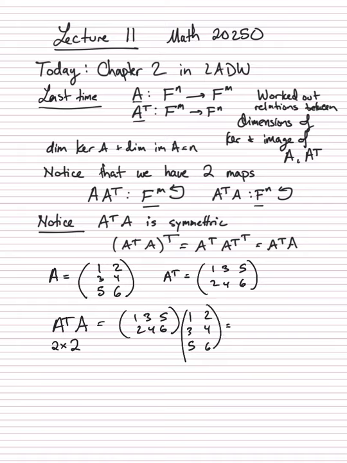So I get 1 plus 9 plus 25, which is 35. Here I get 4 plus 16 plus 36, which is 56. Here, for both of these, I get 44. So I get a symmetric matrix.